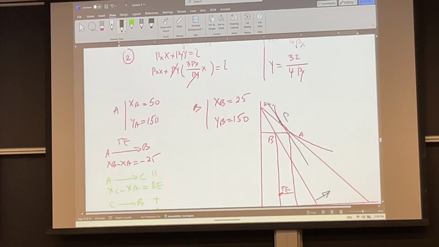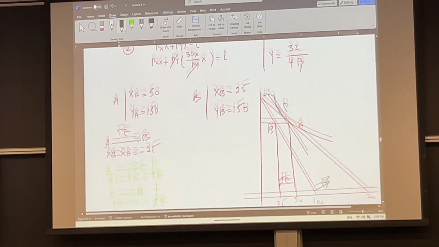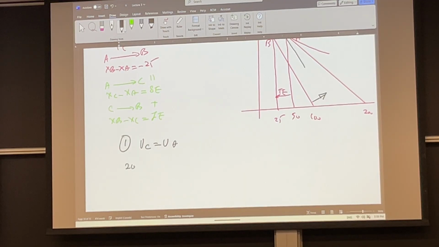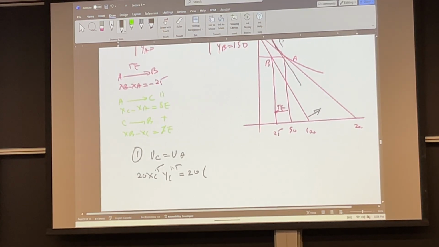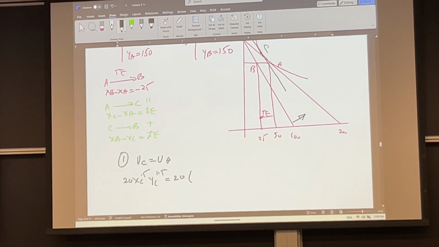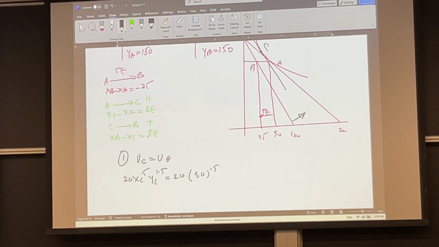Alright, so we go to the utility function. That's the utility function. That's the utility of C that we don't have yet, but it must be equal to the utility of A, and we have A. Make sense? That is the first characteristic I can use.